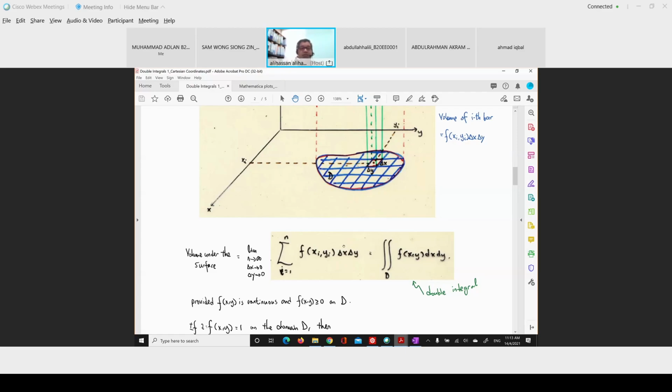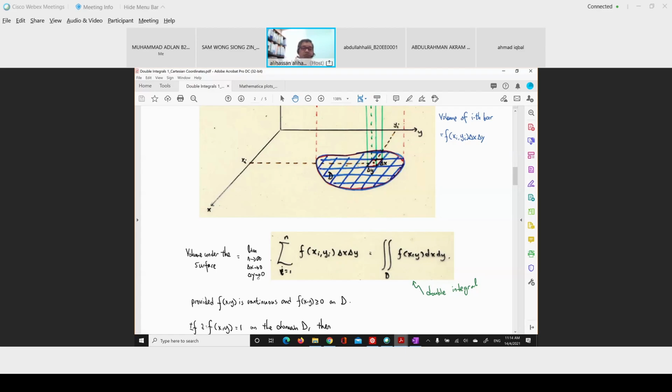Now to get a better and better estimate, we use smaller and smaller partitions, but that means we need more and more rectangles. So we use larger and larger values of n, so that delta x and delta y tend to 0.